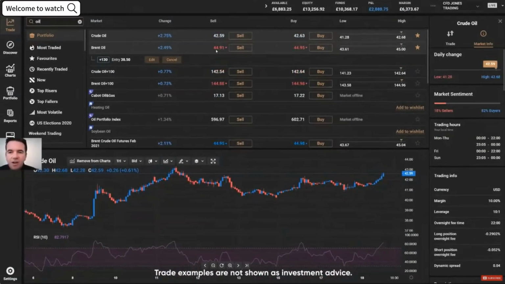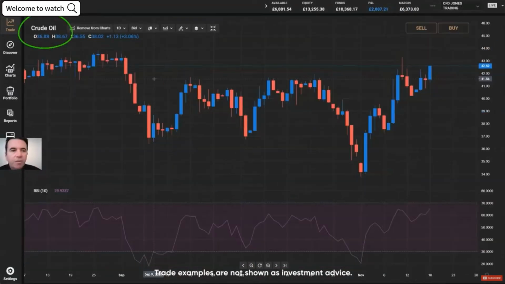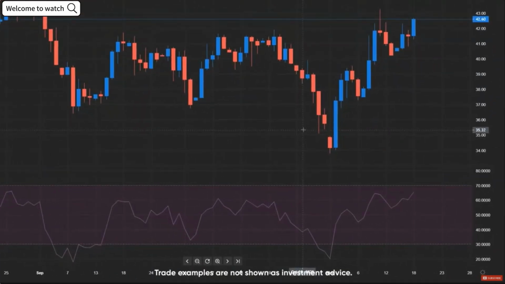But if we take a look at the charts, the moves we see are clearly pretty much the same, even though there is a price difference between the two grades of oil. So first of all, here's our crude oil, which is our West Texas oil, the cash market. And you can see over the last couple of weeks, it's gone from a low of about 34, currently trading at 42.60. So it's risen around $8.5.